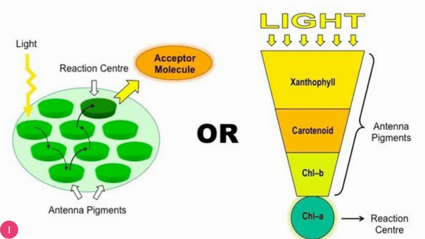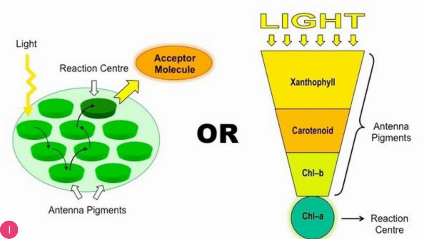Also, the acceptor molecule is the one which receives the light, that is the chlorophyll A molecule, which accepts the light energy. Now on the right you can see the pigments xanthophyll, carotenoid, chlorophyll B, and at last chlorophyll A. Xanthophyll, carotenoid and chlorophyll B, these three are the antenna pigments.